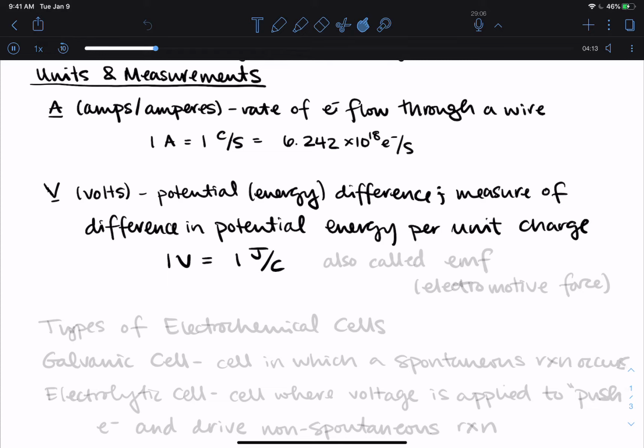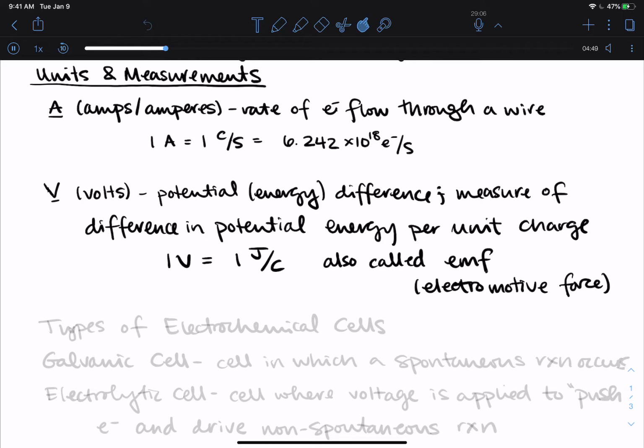Well, coulombs is our unit of charge, so volt is the same as a joule per coulomb, and it is also referred to as EMF, which stands for electromotive force. So if you see EMF indicated anywhere, it just means the same thing as the potential difference or as volts.